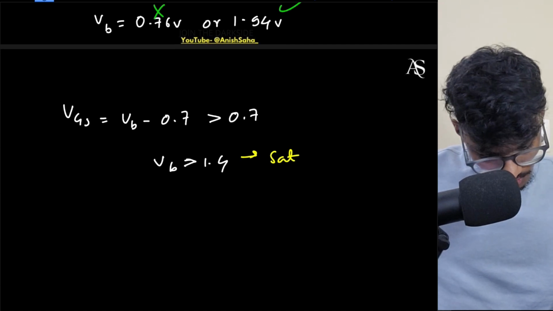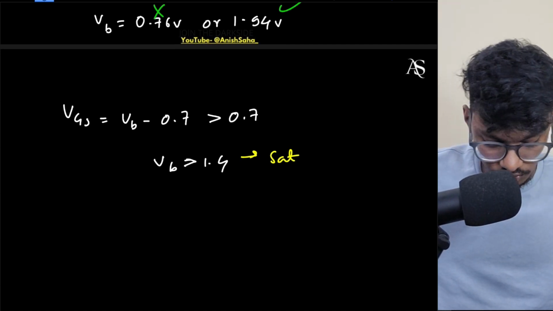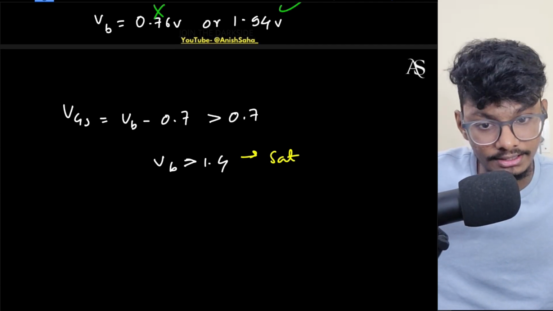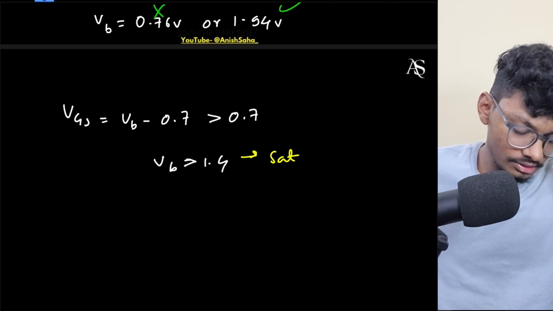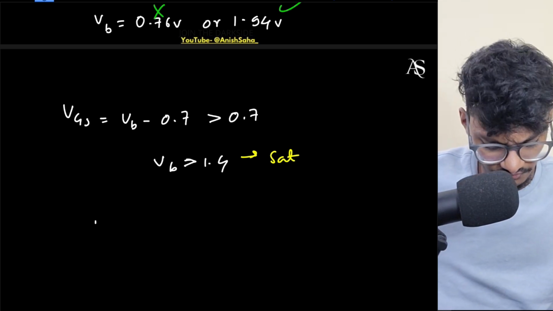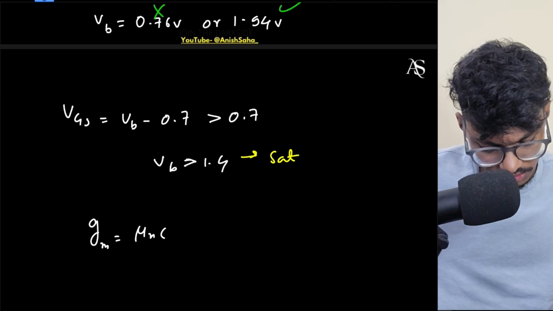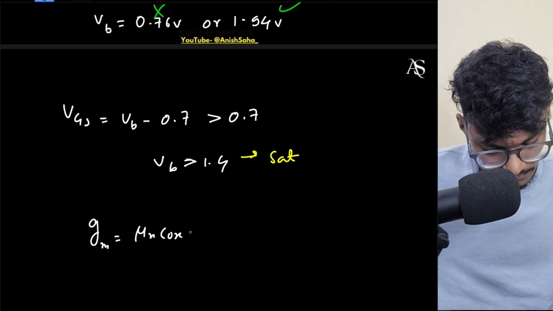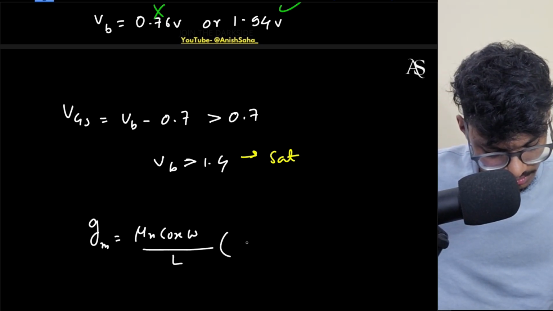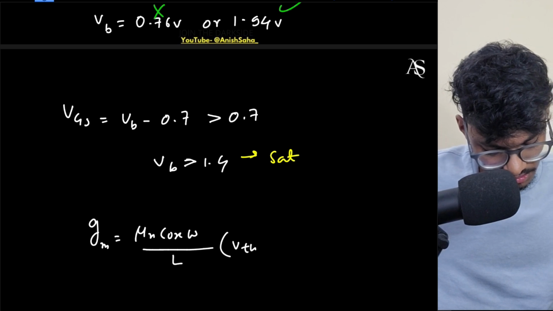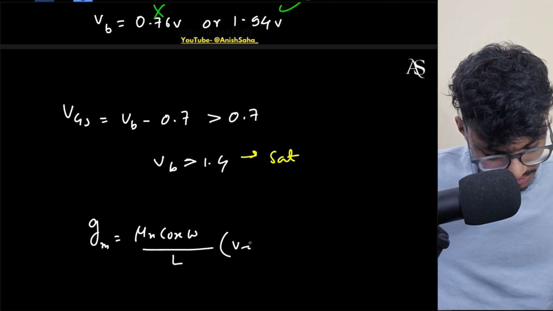Okay, so after choosing VB, what will be my ID? From here, there is a formula for GM. If you remember, GM is equal to simply mu1 Cox W by L times VGS minus VTH, right?